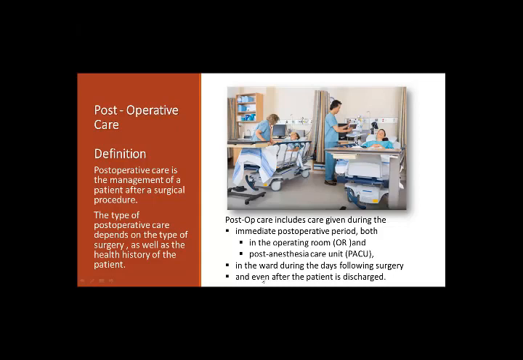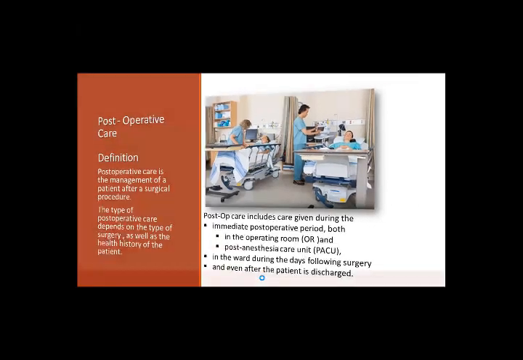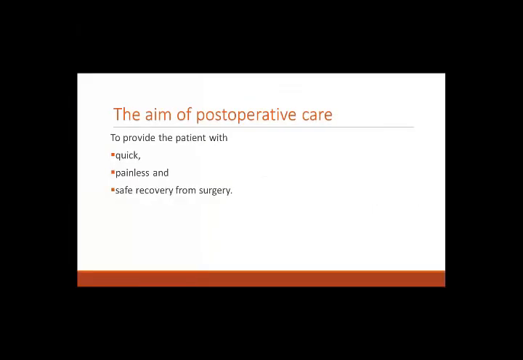Even then, instructions and care will continue until the patient is completely healed. The aim of postoperative care is to make sure that the patient has a quick, painless, and safe recovery from surgery, right?